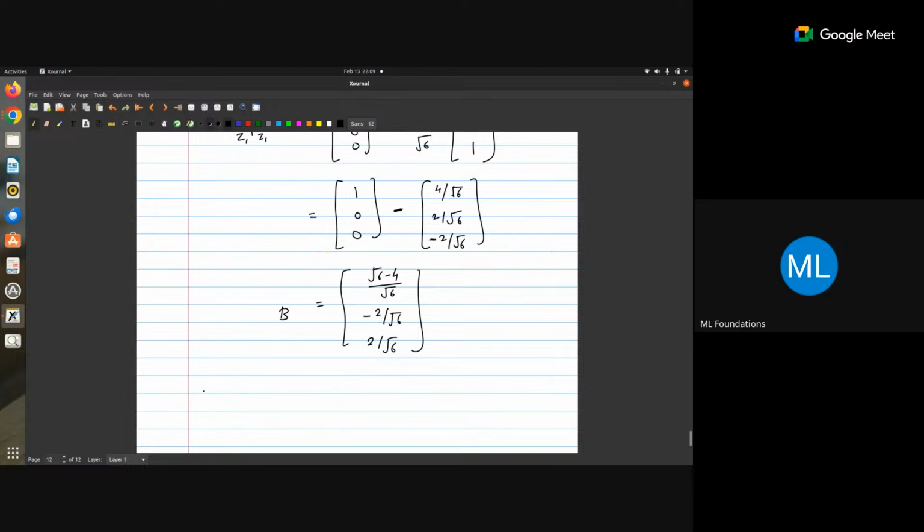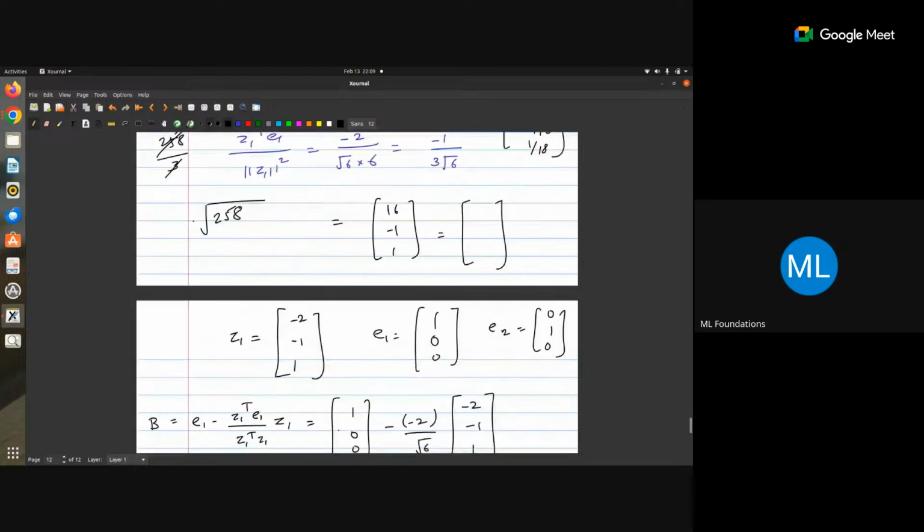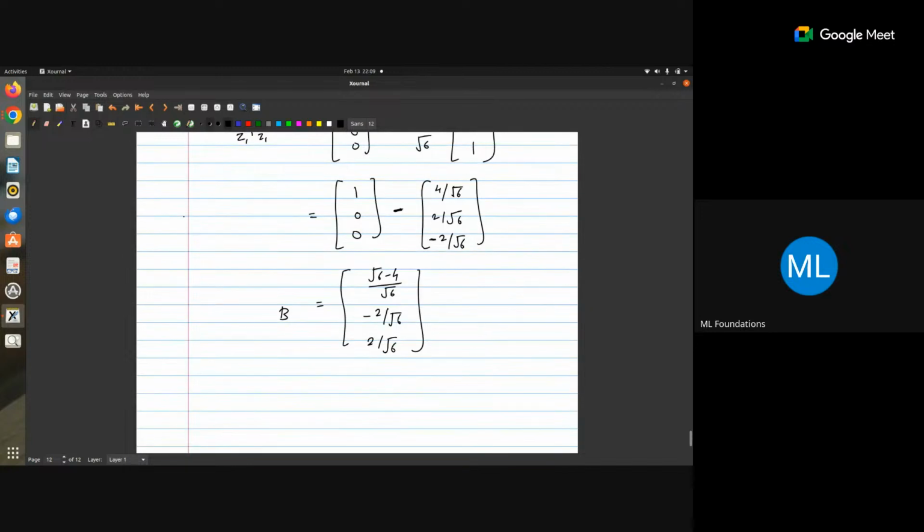And the first vector in this orthonormal basis is Z1's, so it's minus 2 by root 6, minus 1 by root 6 and 1 by root 6. What about this vector? What is the length of this one? Can you tell now the square of this part?